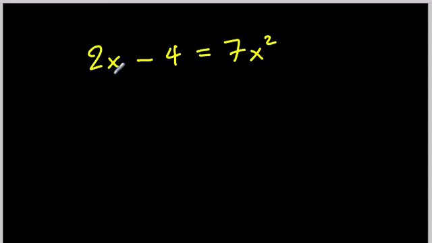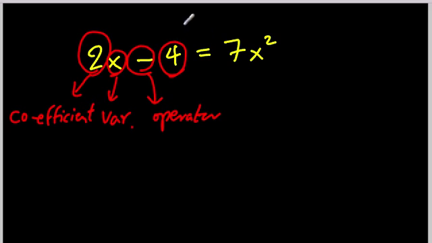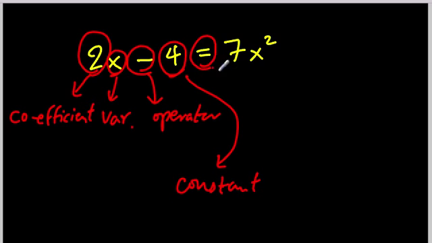Once again, clearly x here is the variable. I'm just going to write var for variable, but you should probably write the whole thing, variable. This 2 is the coefficient. This minus here is the operator. This 4, you should probably have guessed, since it's not changing and there's no variable assigned, must be the constant. This is simply an equal sign.